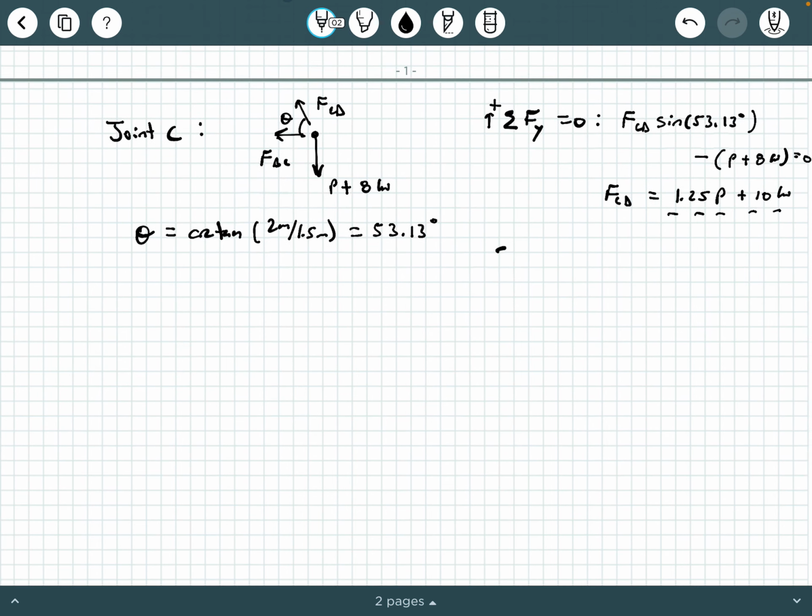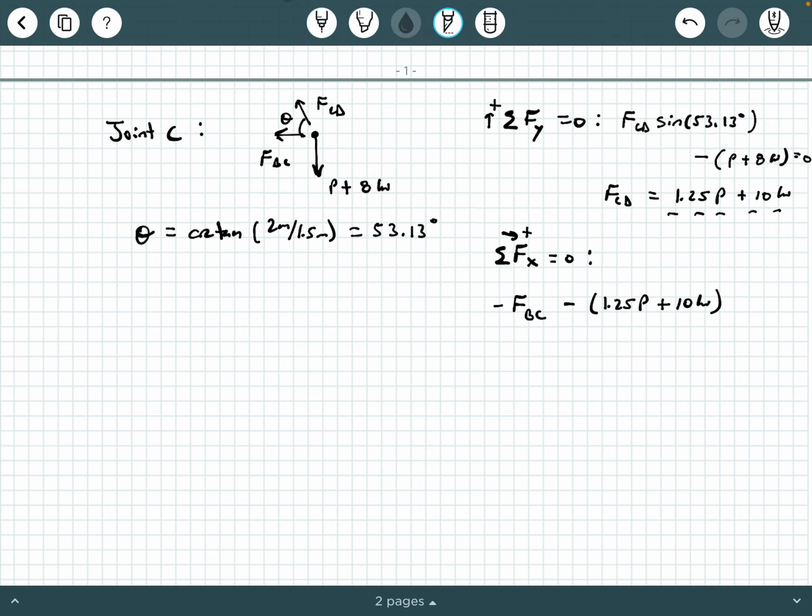Then I'm going to say sum of the forces in the x direction equals 0. And I'm still looking at that same free body diagram. And I'm going to say negative FBC minus that quantity 1.25 P plus 10 kilonewtons.